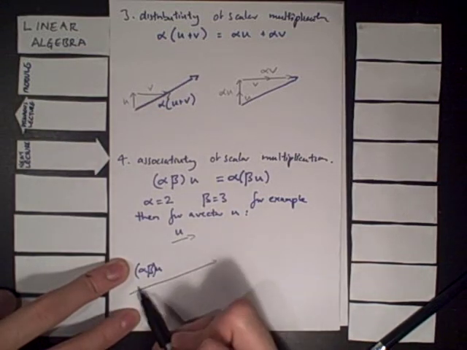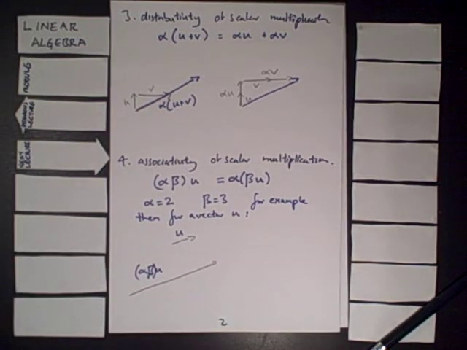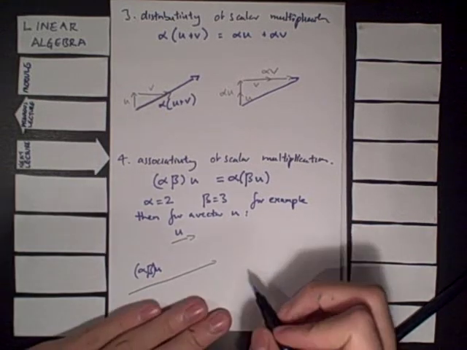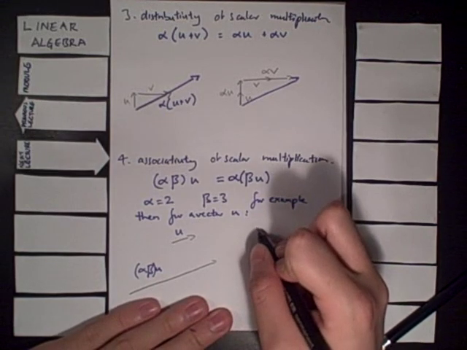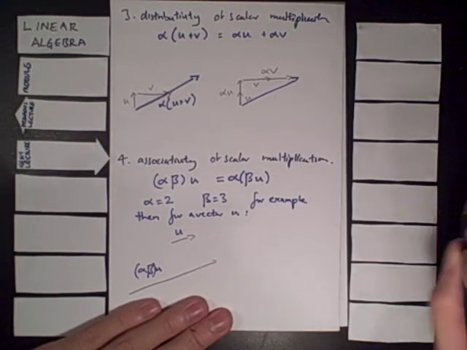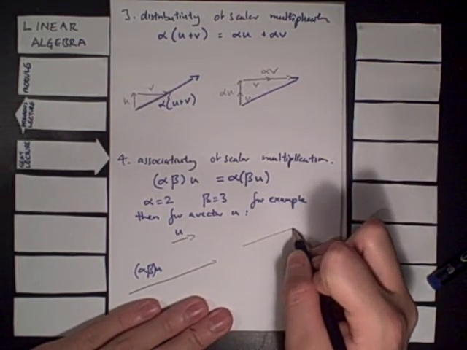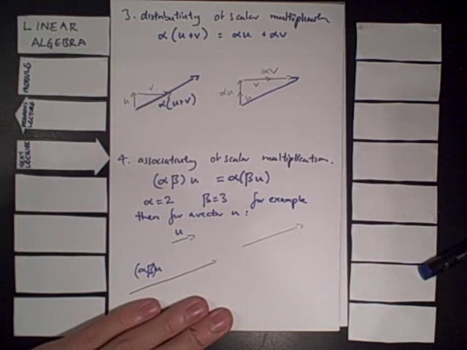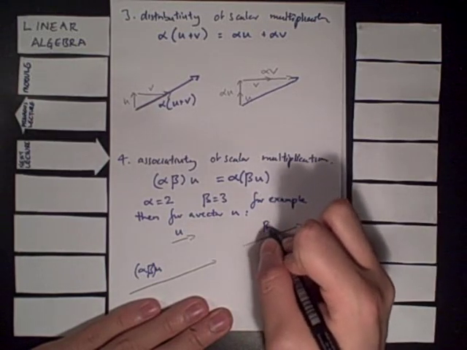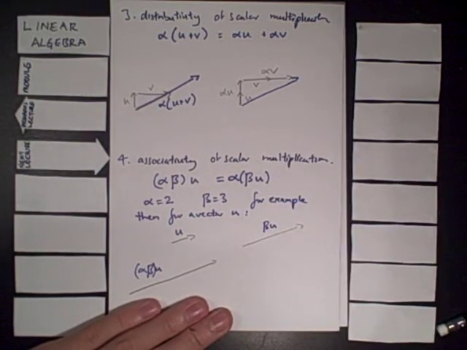So this is u 6 times. What this property, associativity of scalar multiplication, is saying is that that is exactly the same as taking u 3 times and then taking twice that.